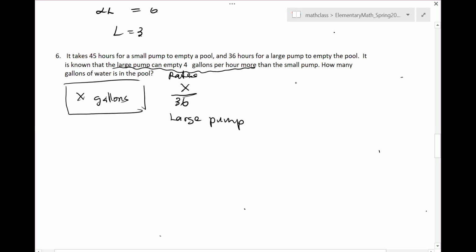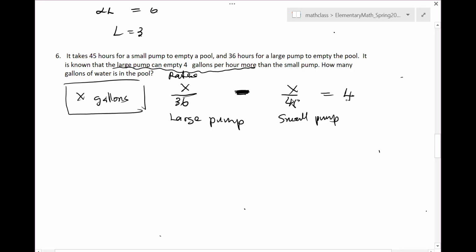And the small pump is X divided by 45. So now the difference is going to be 4. So the question is, how can you figure out what X is? Using the equations, you can write down one single equation.